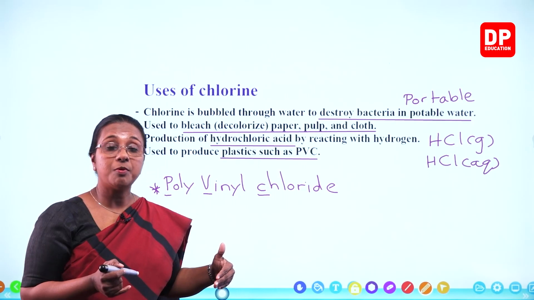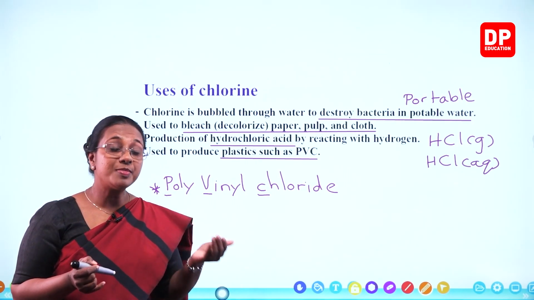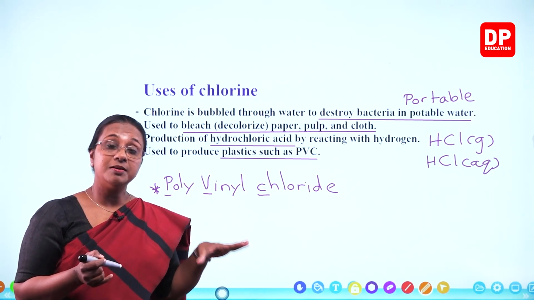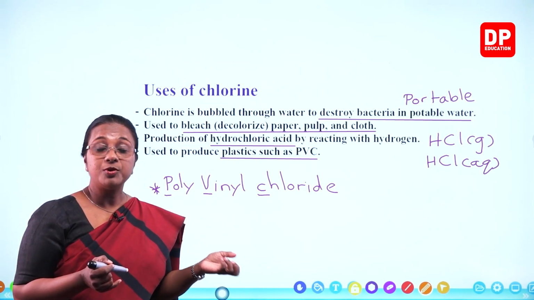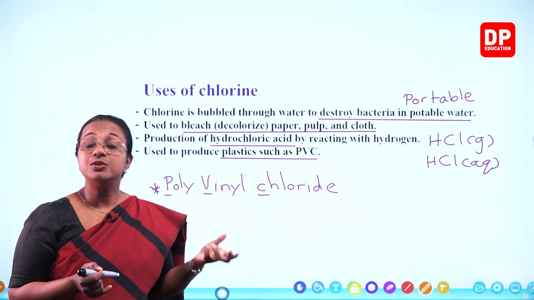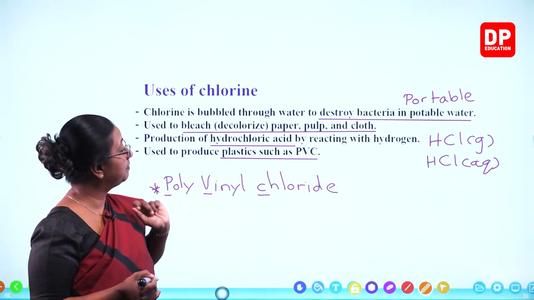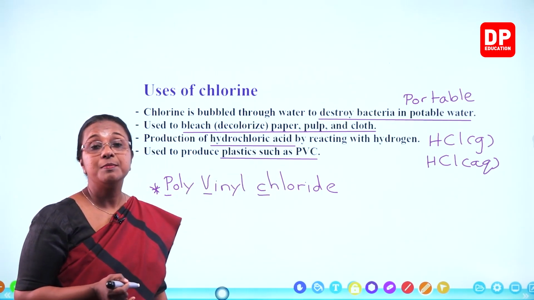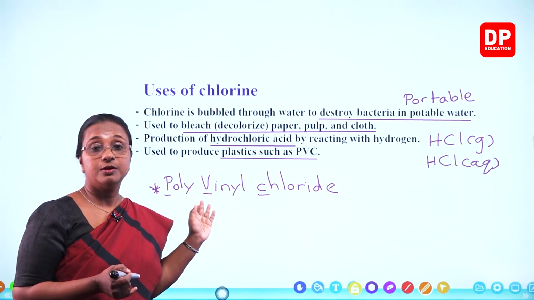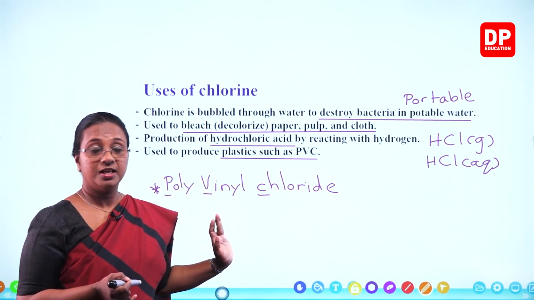To produce that polymer, we need something called vinyl chloride. So from the name chloride, you know the component used to make polyvinyl chloride, that is PVC, has chlorine in it. So to produce PVC, that is a type of plastic, we need chlorine. So these are the uses of chlorine.